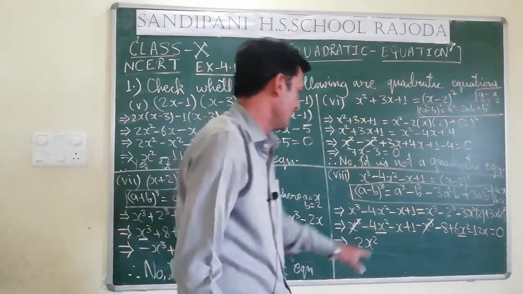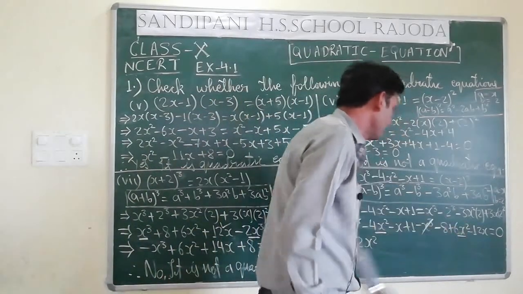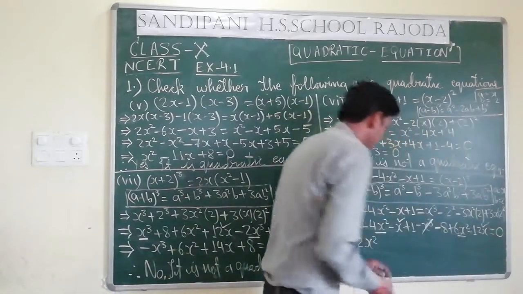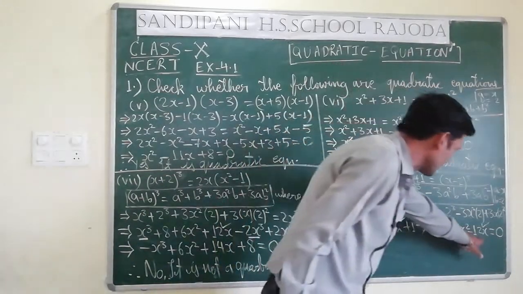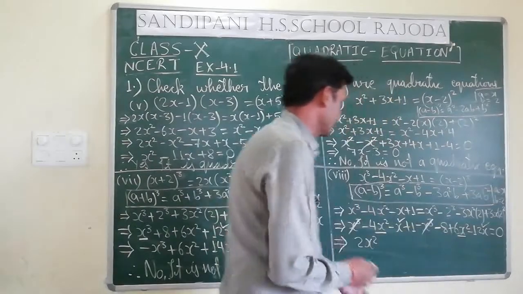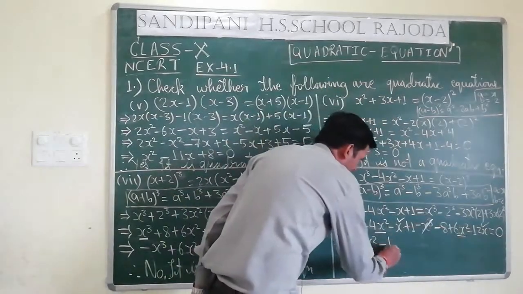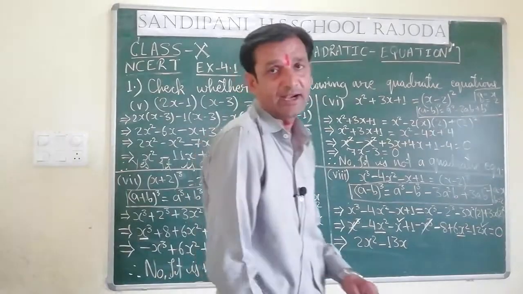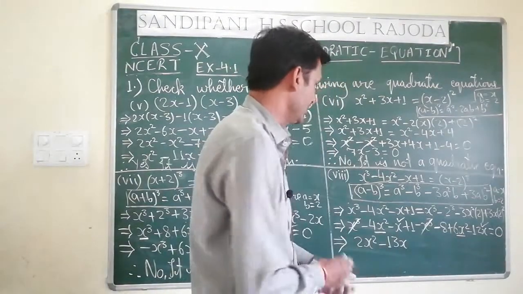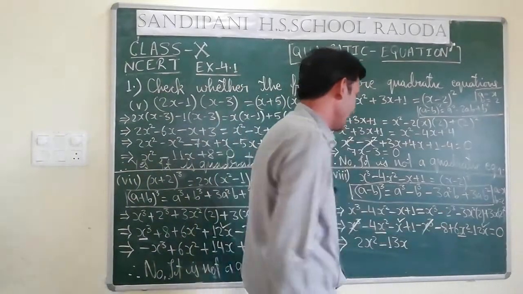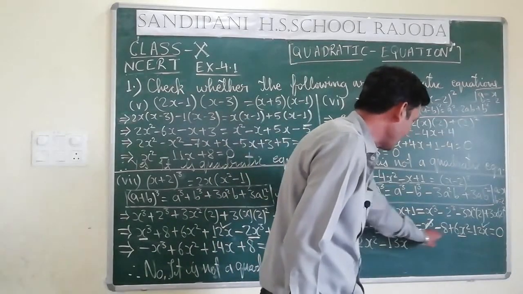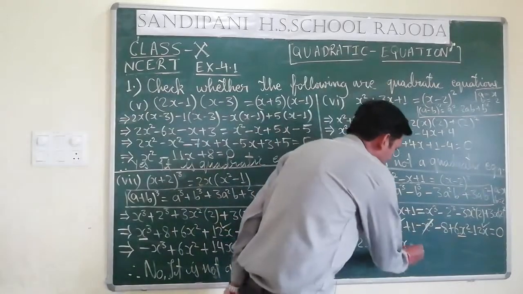Minus x minus 12x, you may tick these terms, that is minus 13x. Because both are negative, as I have told you, we will have to add if both are negative, and the sign will be negative only. So minus 13x, and then 1 minus 8 means positive 1 and negative 8, that is minus 7, is equal to 0.